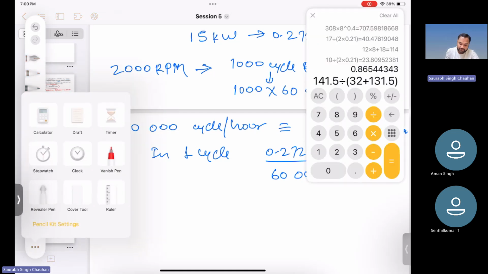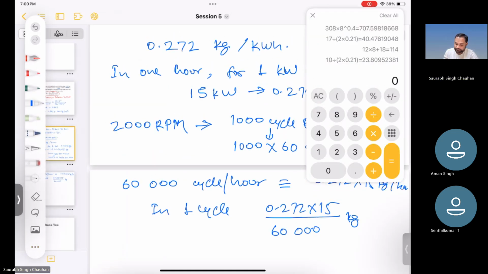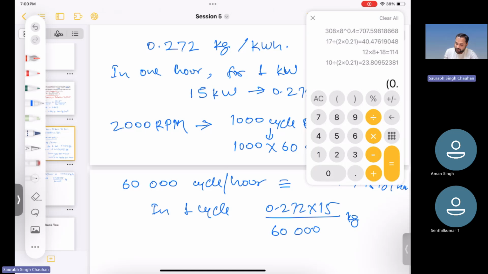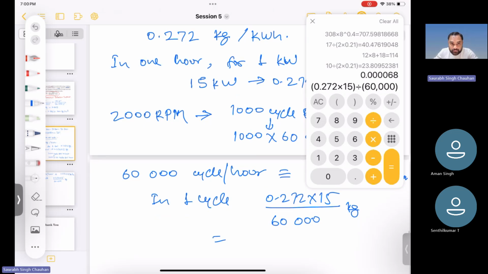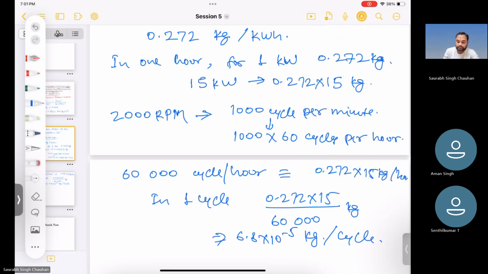So if you calculate this value, 0.272 times 15 divided by 60,000, it is coming out to be 6.8 into 10 to the power minus 5 kilogram per cycle. This is the fuel consumption rate per cycle. Okay, fine.